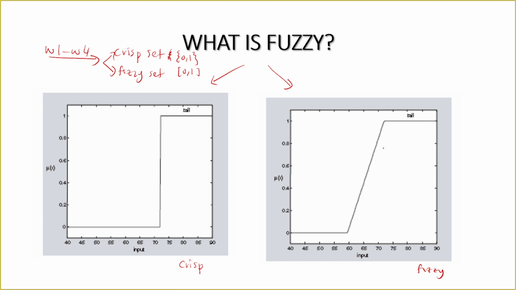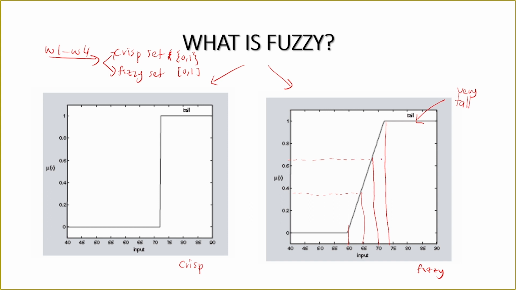So the moment that we have linguistic terminology, as an example, from here up to here is this one, right? Sorry, my straight line is not very clear for you guys, I think. So this one, in linguistic terminology, is very tall.